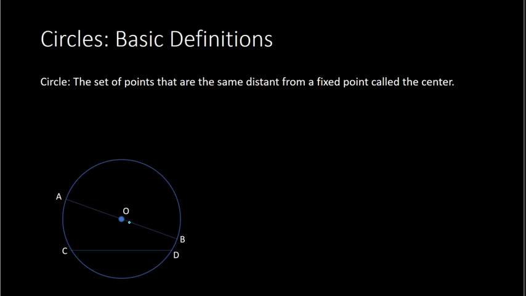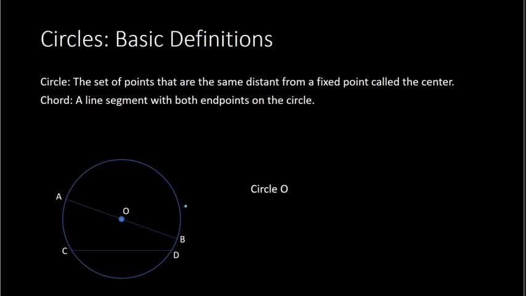So this circle has a center of O, so this would be called circle O. Now in the circle we see different lines and line segments. So here in this picture we have what is called a chord, which is a line segment with both endpoints on the circle. So for example, CD, right here, this segment, the endpoints are right here on the circle.